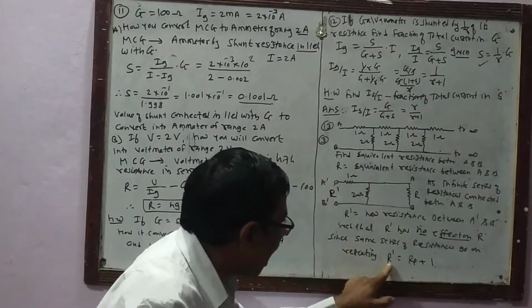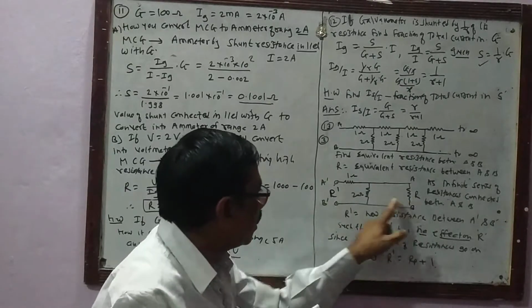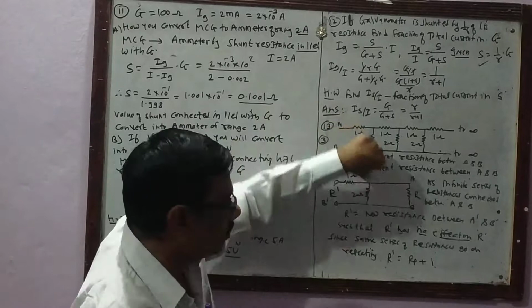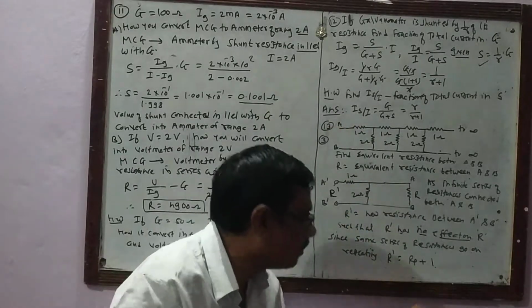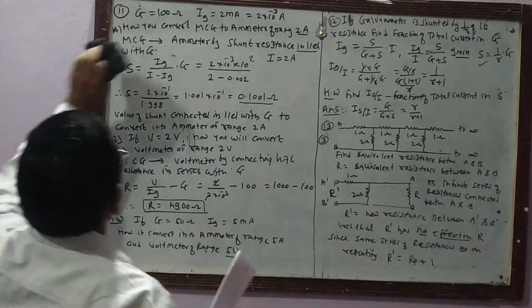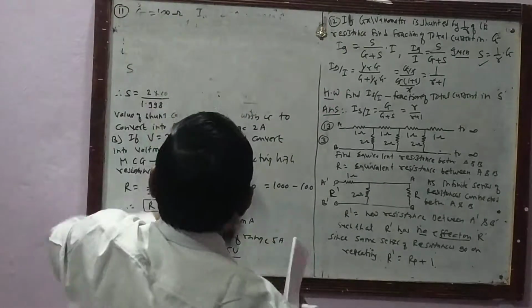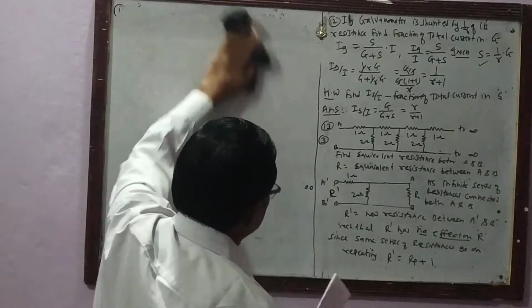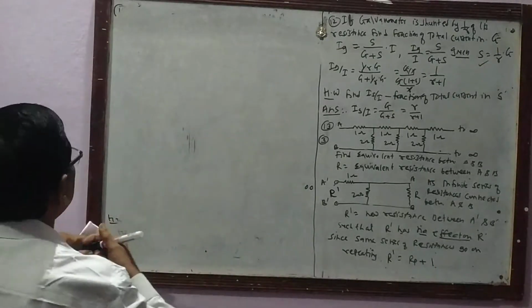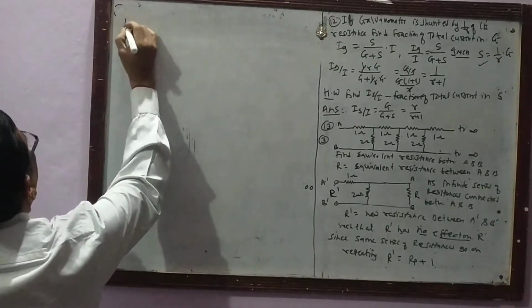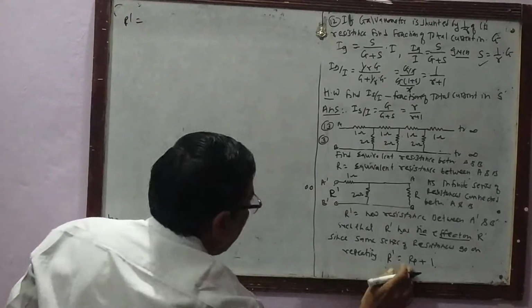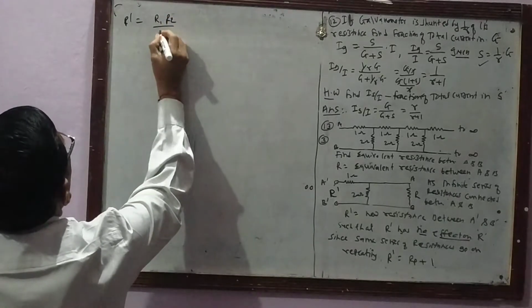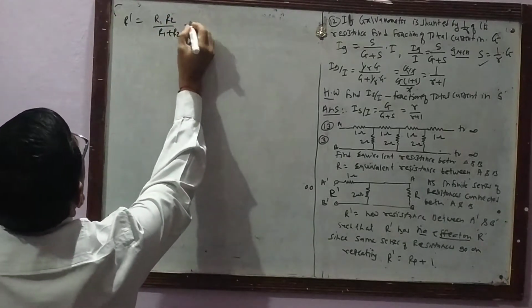Hence the equivalent resistance R dash is equal to Rp plus 1 ohm. Rp means resistance in parallel, R1 R2 upon R1 plus R2, plus 1 ohm.